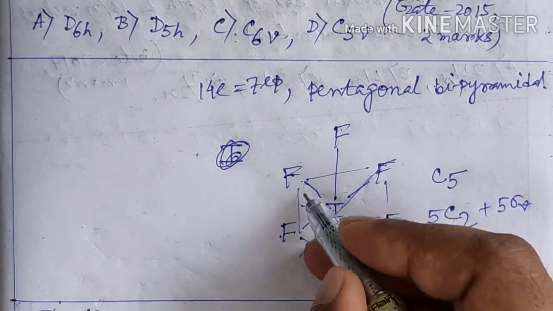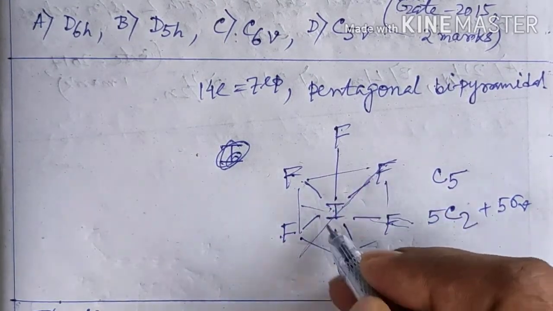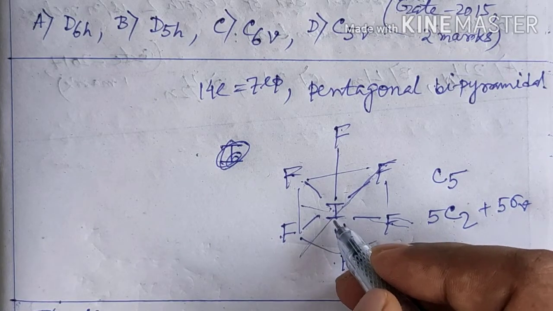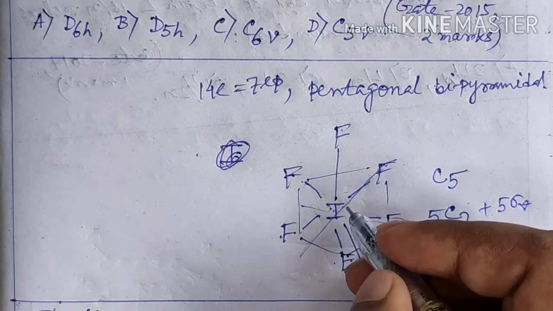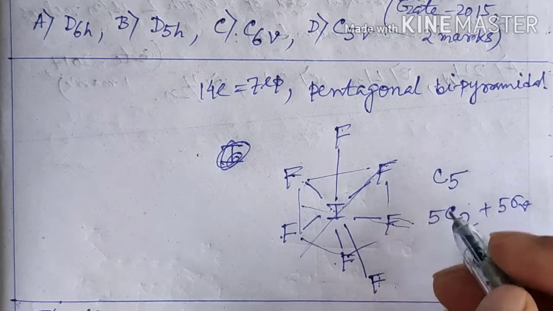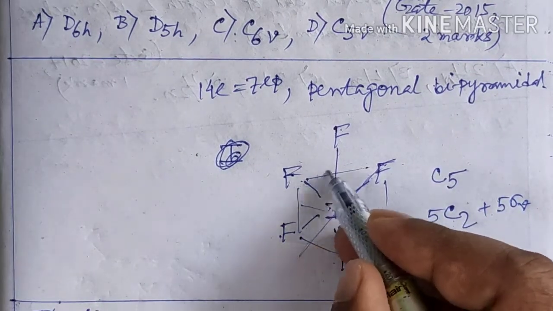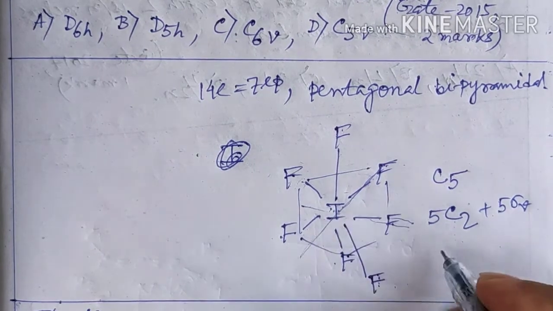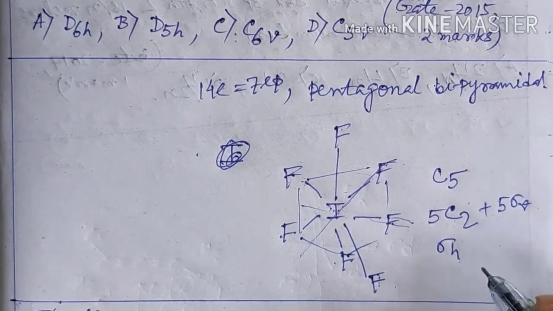And similarly, since these 5 fluorine atoms are within the same plane containing this iodine, there will be 1 sigma H plane perpendicular to the C5 axis, and that sigma H plane will contain these 5 fluorine atoms along with this iodine, that is 1 sigma H plane.